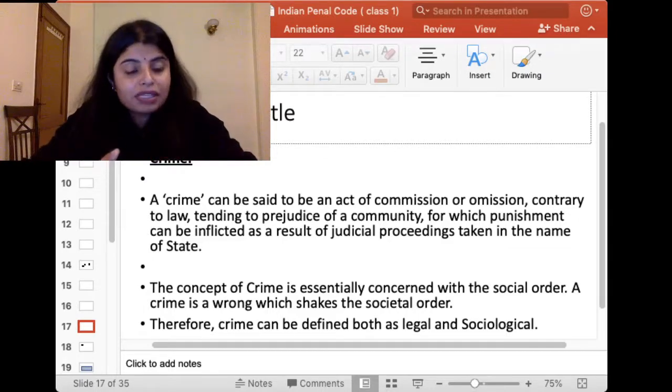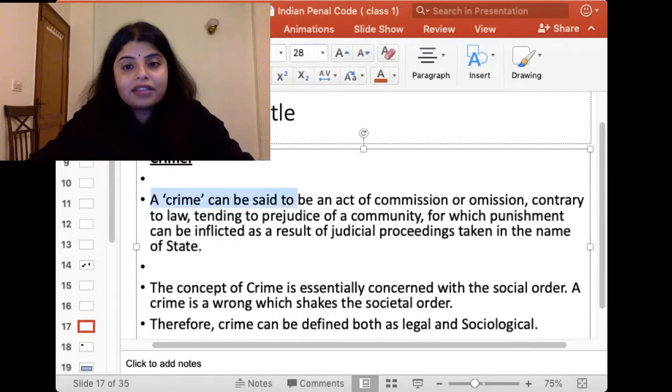We will read this particular definition as if we are reading a section. A crime can be said to be an act of omission or commission. This is one part. Contrary to law. This is another part.